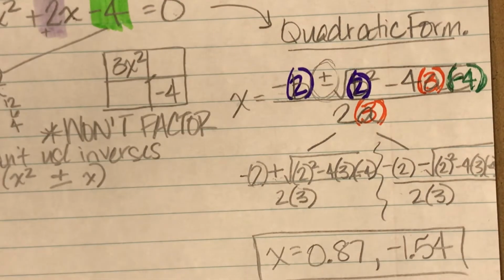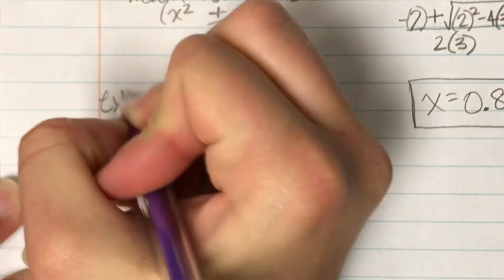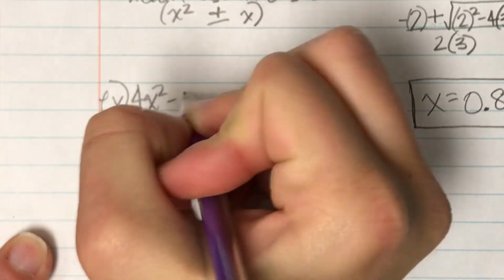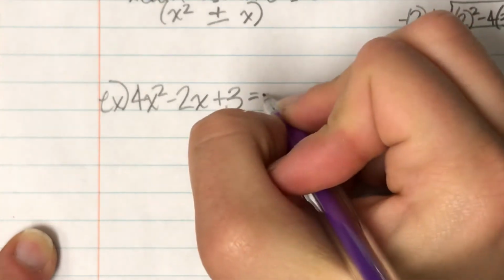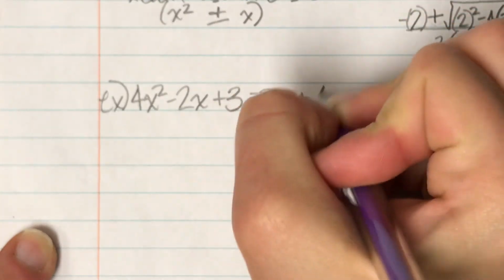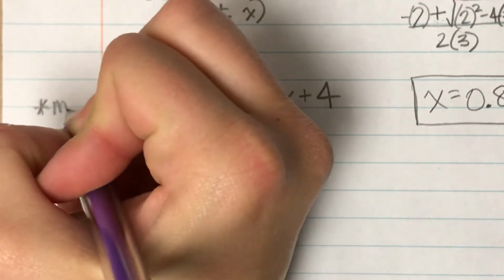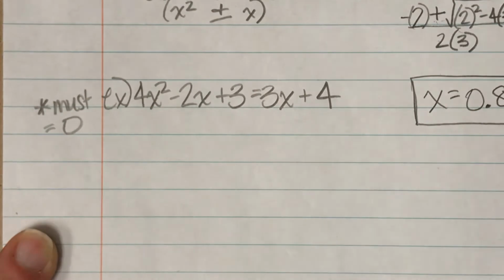All right, just to show you one more example of this, I'm going to give you the problem 4x squared minus 2x plus 3 equals 3x plus 4. Remember that this must equal 0. At the very top of the page, it says you've got to have that trinomial equal to 0.